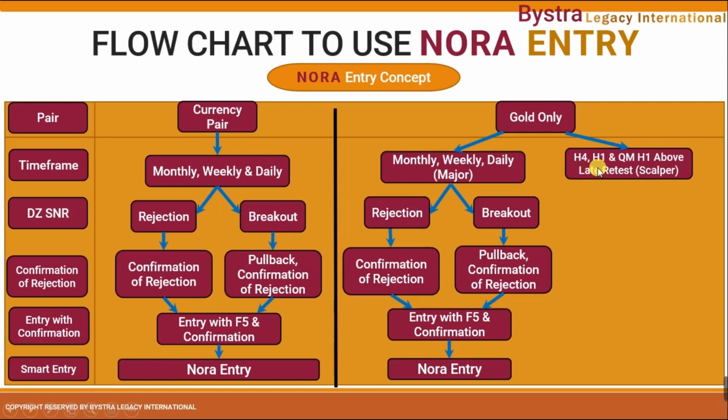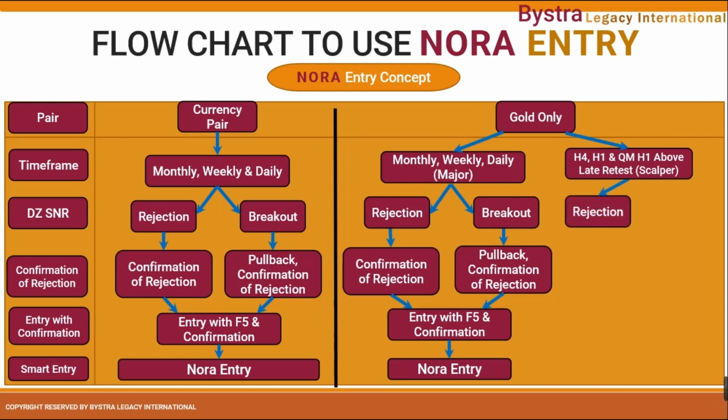This is only, as I said, valid during the Asian session or when there is no major news for gold. However, for the QM H1 or H4 time frame, for the LED retest, this one doesn't require the second movement. We can just mark the left shoulder and we will monitor the zone and we will entry using the Nora entry. I will teach this one again at the end of the course.